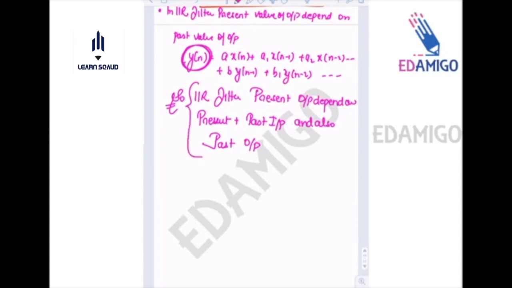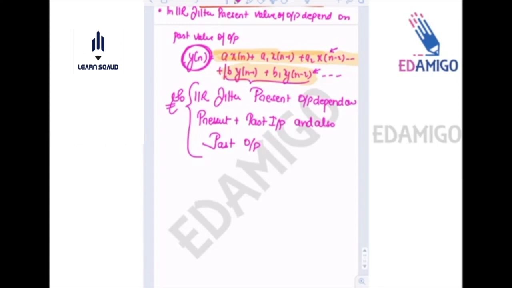You have already studied the block representation of systems in signals and systems, and in controls also. This part represents the feedback, and this represents the feed forward. I think you have studied that. If you have not, then please comment here and I will be preparing a video on that also. That's a very simple topic of signals and systems. So this is feedback and this is feed forward.